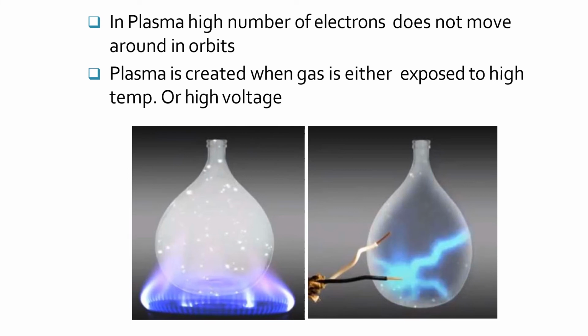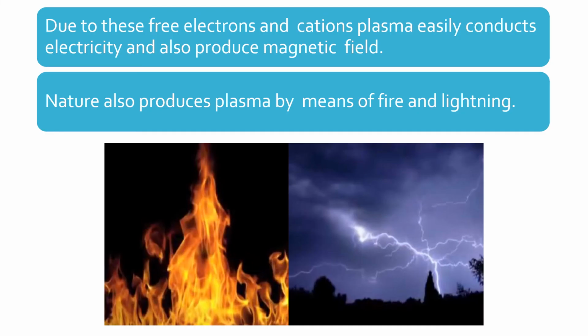Plasma is usually created when gas is exposed to either high temperature or high voltage. Due to the free electrons and cations, plasma can easily conduct electricity and also produce a magnetic field. This nature is the same as what is created by fire and also lightning.